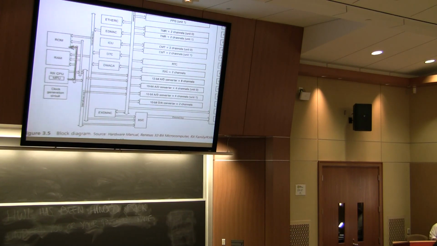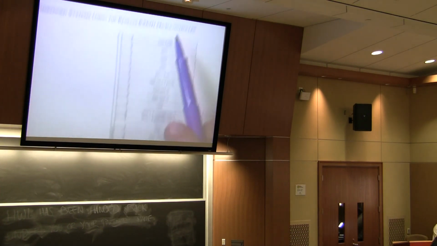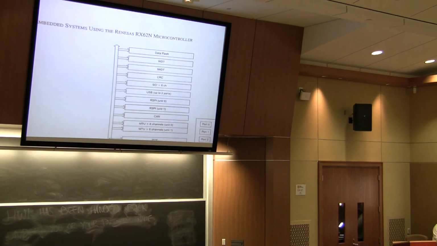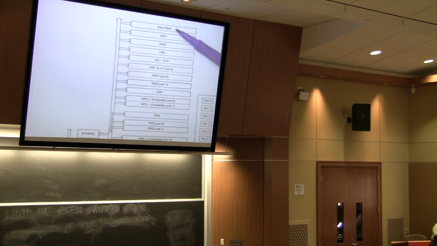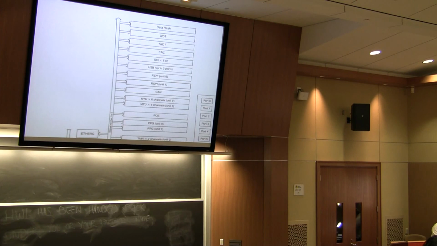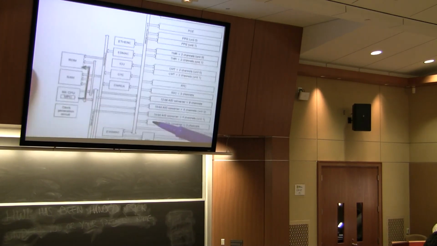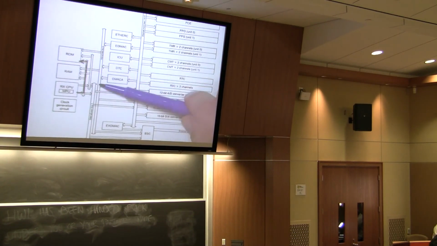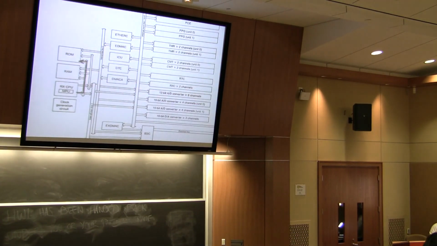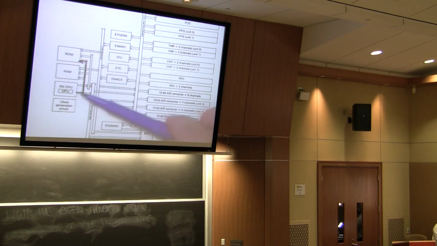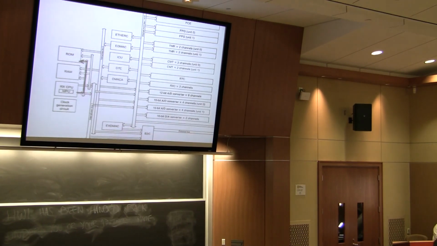But also notice here's the data flash up here as an example. So you can transfer from the data flash through the DMA over here to the ROM or to the RAM or something like that. And notice here that there are almost like 3 different data paths that you can connect to with the CPU.